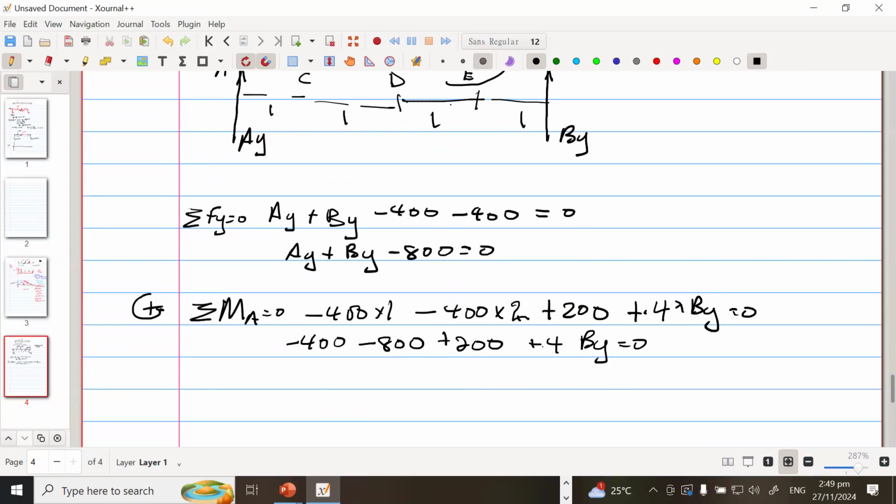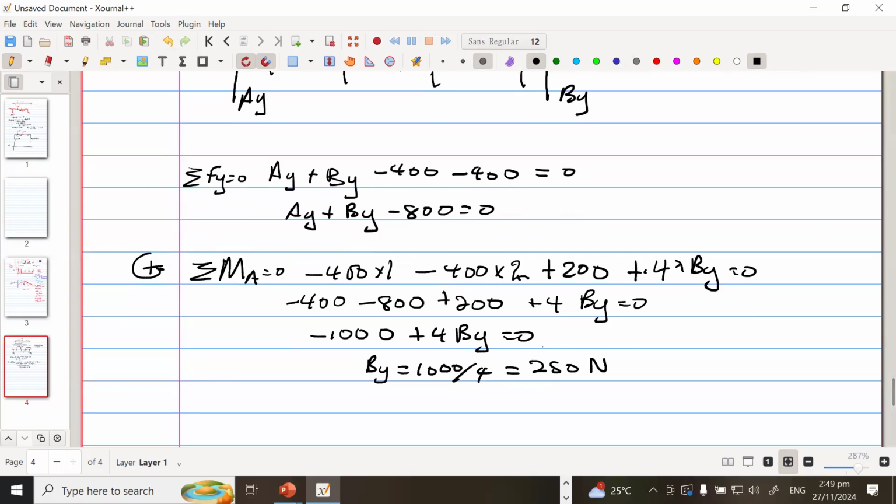So this part works out to how much? Minus 1,000 plus 4BY equals 0. Therefore, BY is equal to 1,000 divided by 4. This is going to give me 250 newtons, correct.